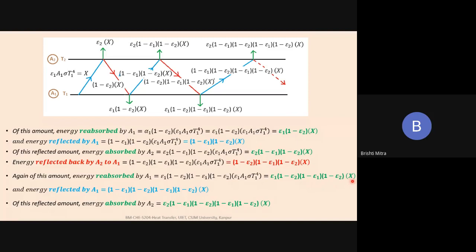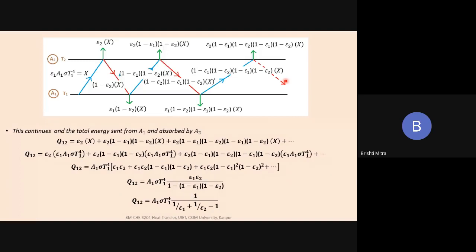And what is reflected? 1 minus epsilon 1, 1 minus epsilon 2, 1 minus epsilon 1, 1 minus epsilon 2 into x. Or we can say 1 minus epsilon 1 square into 1 minus epsilon 2 square into x. Again, epsilon 2 part of this amount is absorbed, the rest is reflected. And since these are parallel plates, this is going to continue for infinity.